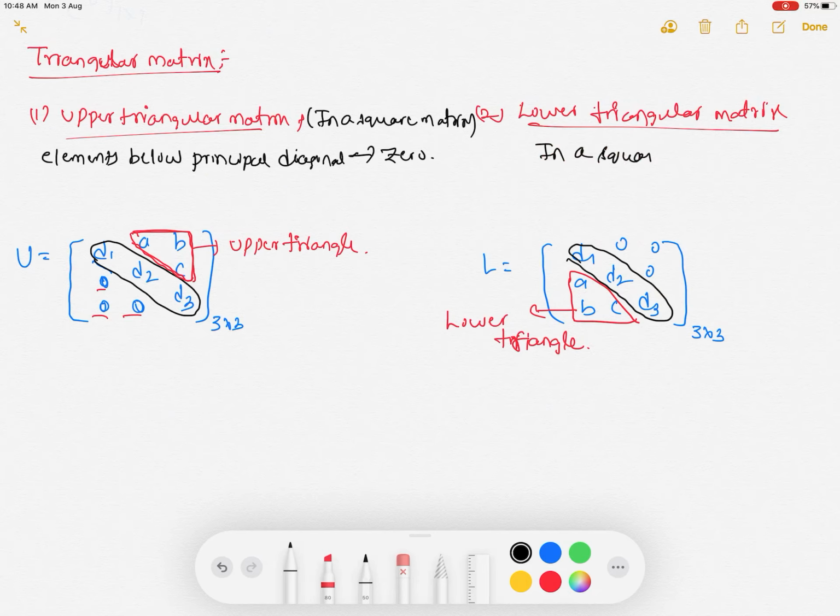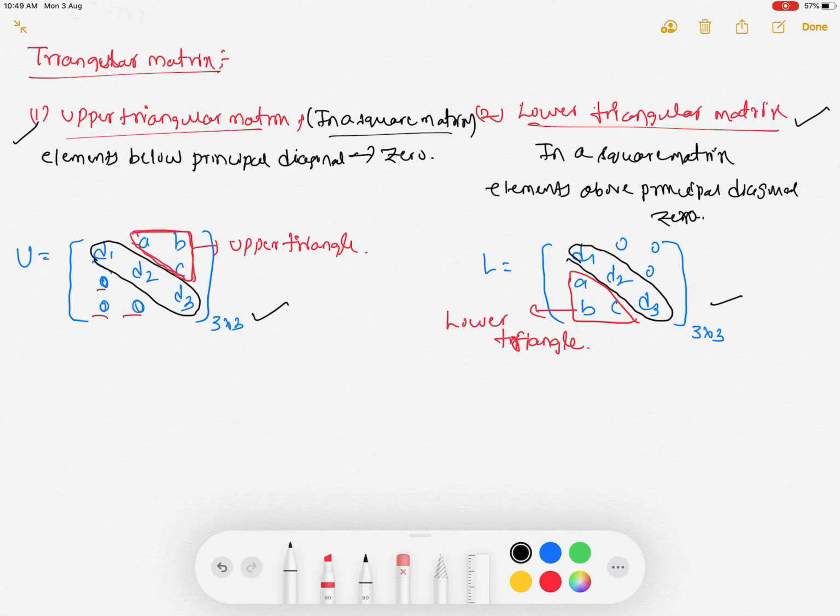In a square matrix, if elements above the principal diagonal are 0, then that matrix is called a lower triangular matrix.